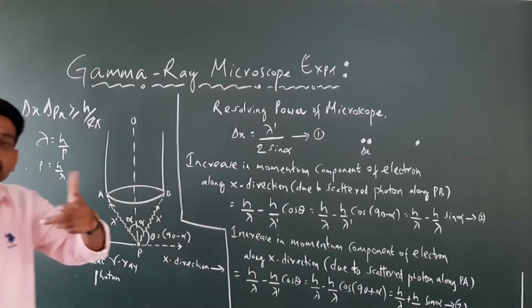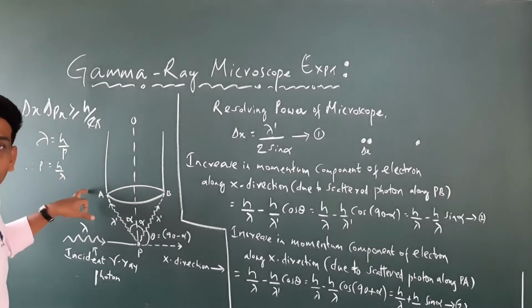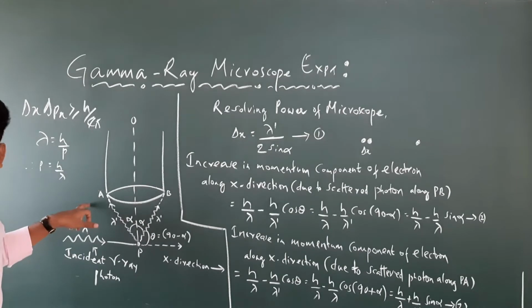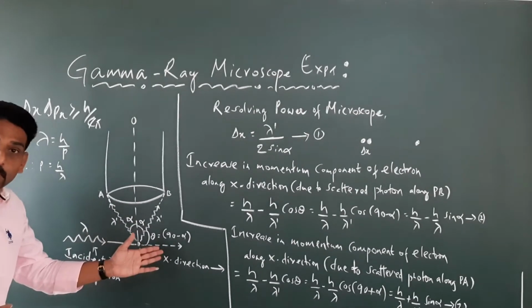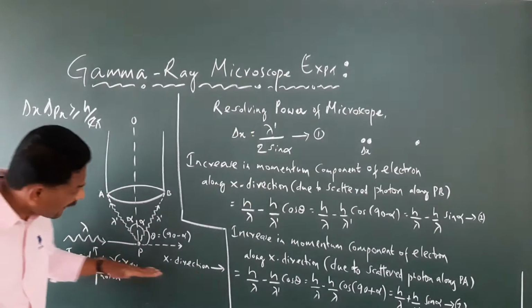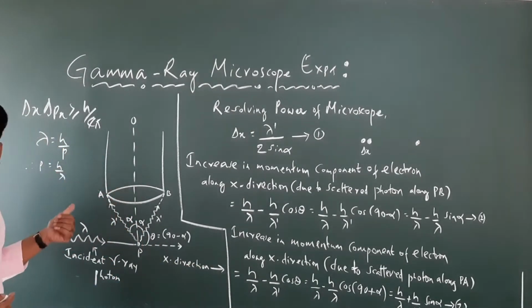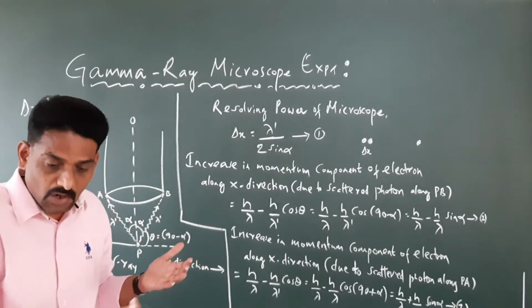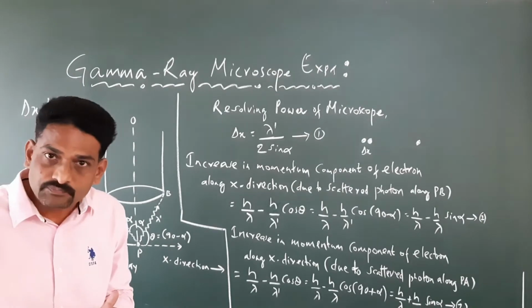So what is the change in the momentum? h by lambda minus h by lambda dash. But what we are doing here experimentally? We are measuring the position and momentum in the x direction. So we are dividing this momentum component into two: one along the x direction, one perpendicular to the direction of motion.